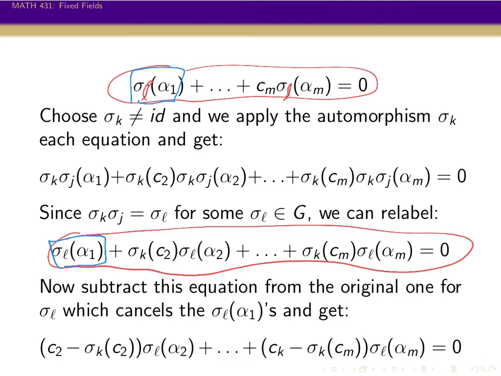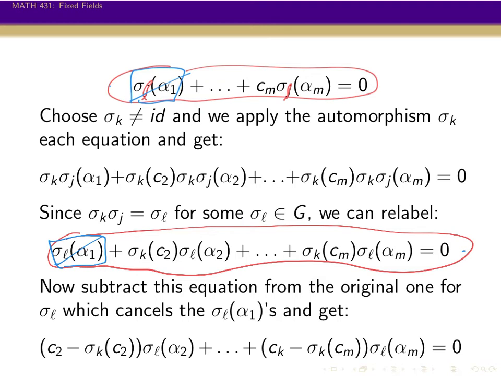If we're taking the top one and subtracting the second one that's circled, that's going to cancel off the sigma L of alpha 1 terms. Okay, and so we're going to have one less term in the summand than we had before.